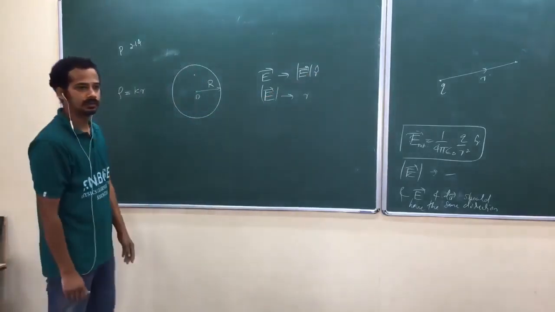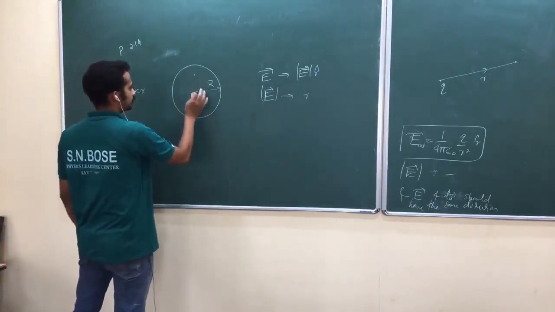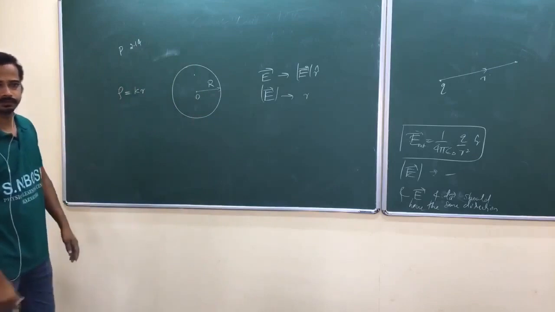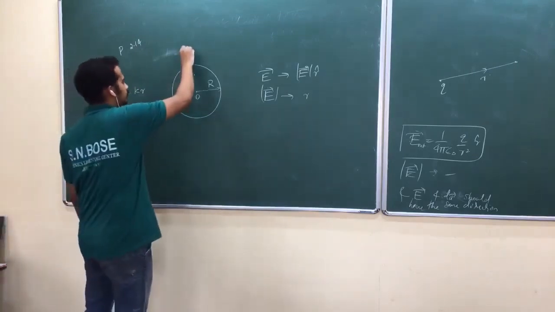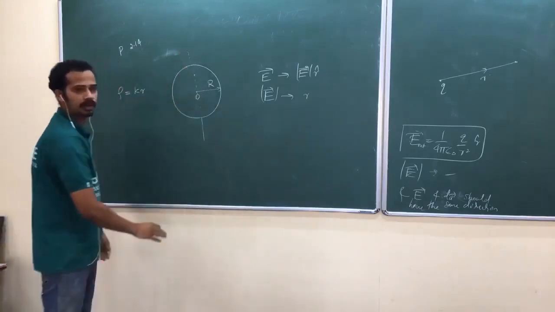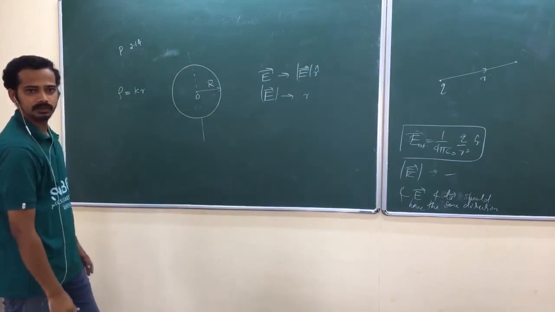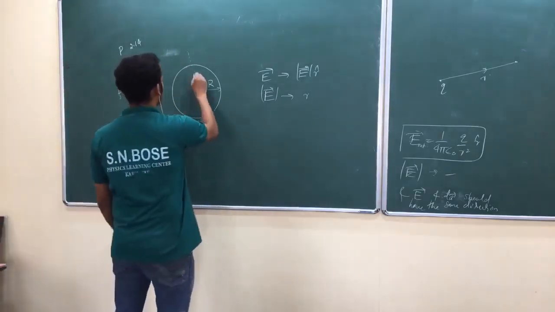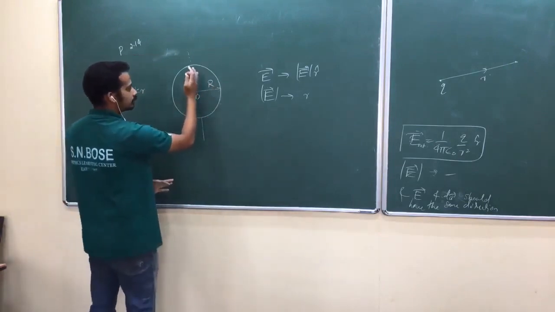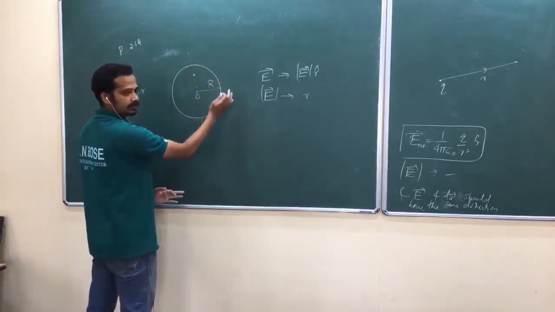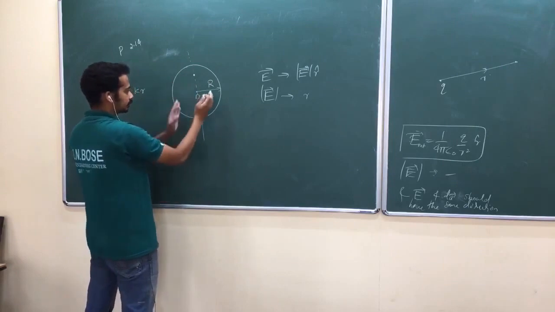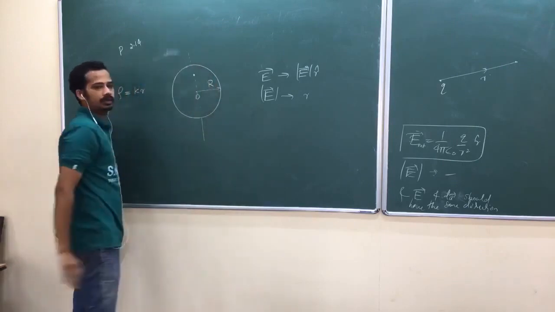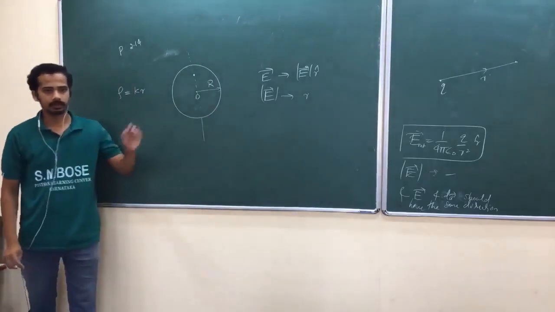If you take any point here, again because of symmetry, you will get a radially outward electric field only. You can cut the whole structure into two parts. The electric field due to all charges on the left hand side and the right hand side will give a net resultant radially outward only, whatever the point you take.